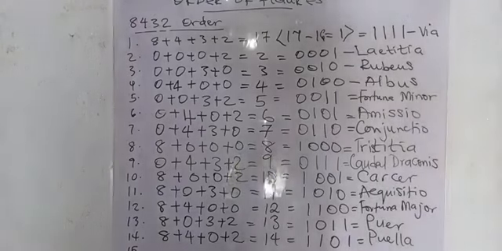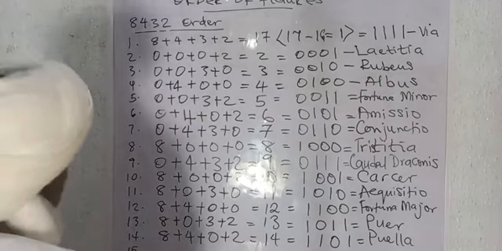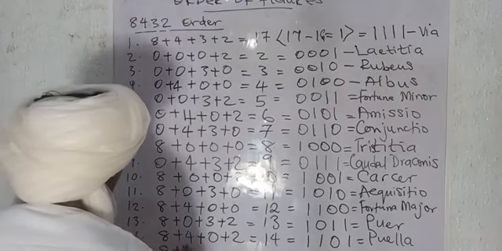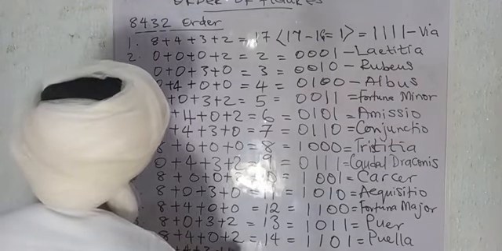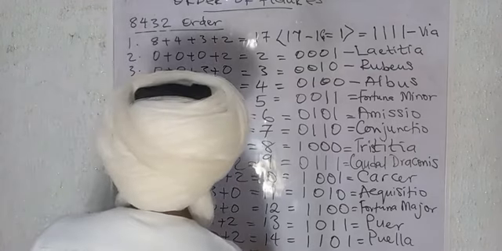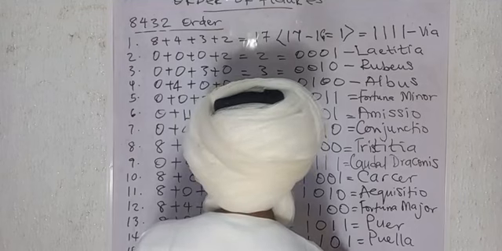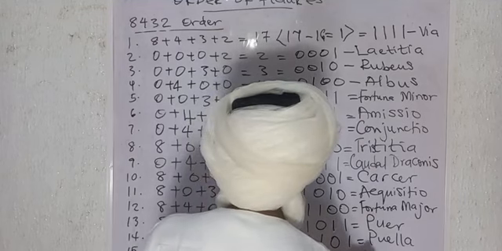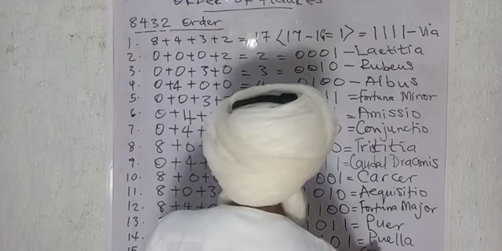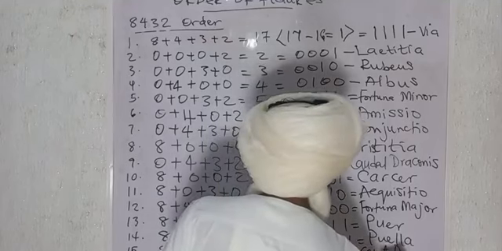Yes, 8, 4, 3. So that is 8 plus 4 plus 3 plus 0. That gives us 15. So the figure will look like 1, 1, 1, 0. This is called Caput Draconis.